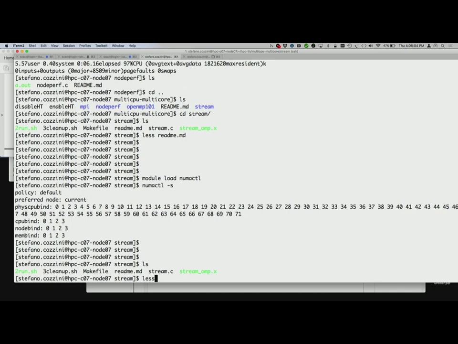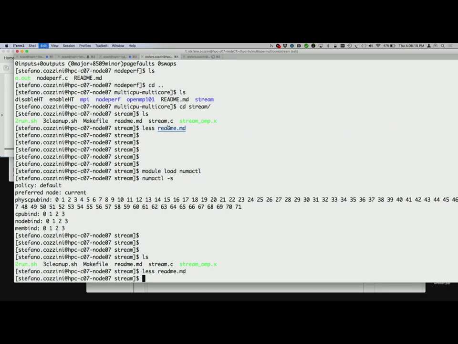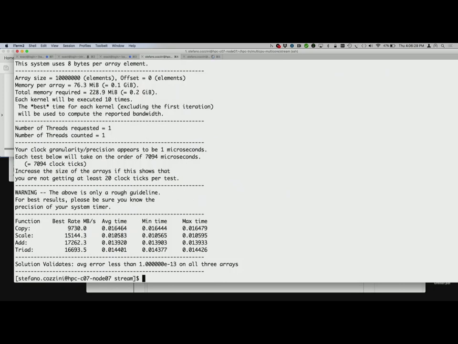So, in order to do that, this is the command. Actually, the syntax should be this way now with the new stream, stream is not available, stream OMP. What I'm doing here is CPU bind on 0, and then I memory bind on the same socket.